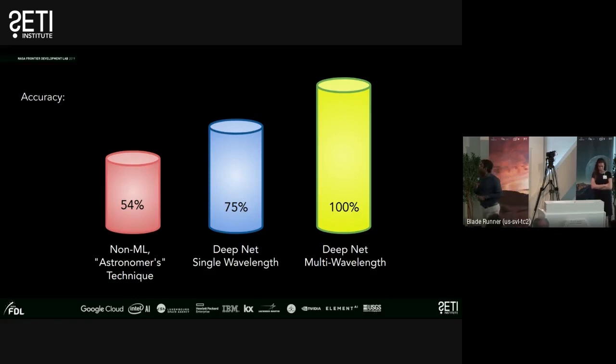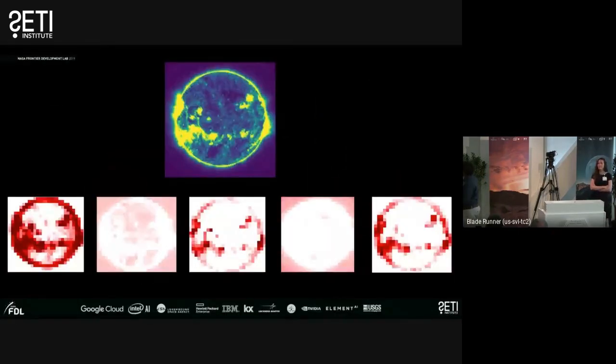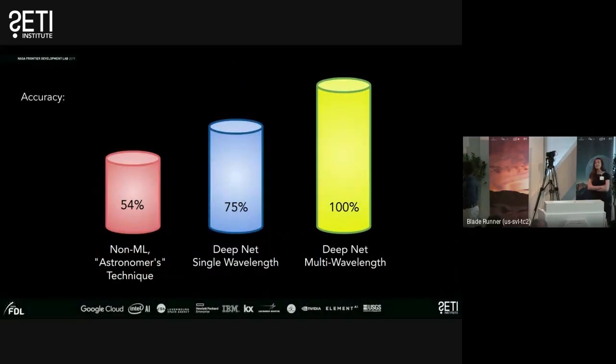However, when we feed the deep neural network with images from a single channel, we see the accuracy shoot up to 75%. Surprisingly, when we feed in the images from all the channels of the AIA, the atmospheric imaging assembly instrument, the accuracy is a resounding 100% within the given level of tolerance. So this is how we solve the auto-calibration problem.